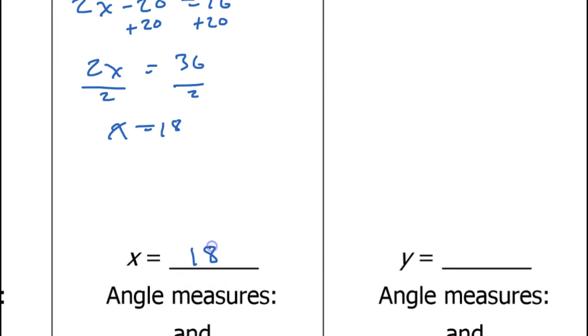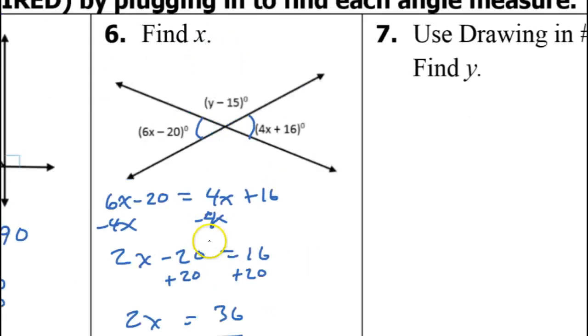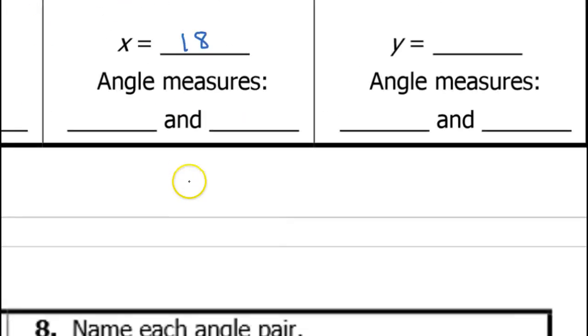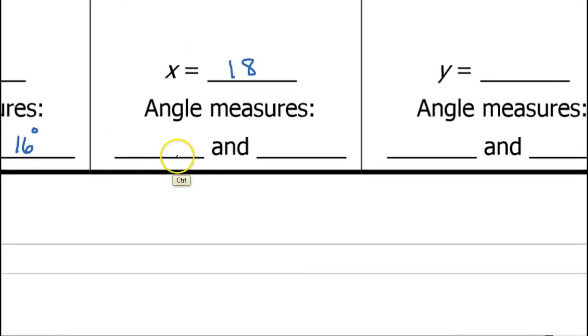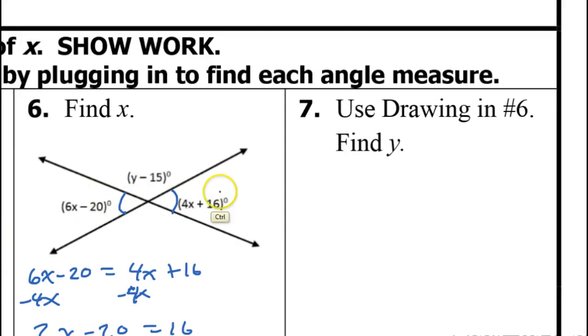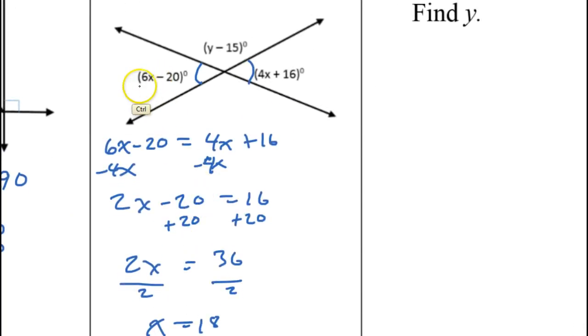So now that I know that x equals 18, I should be able to find the angles by plugging in 18. Okay, well, it's funny, they only put 2 angle measures. Well, I guess maybe because they're saying these two are the same. So if I go ahead and plug in the 18 right here, for example, so that's going to be 6 times 18 minus 20.